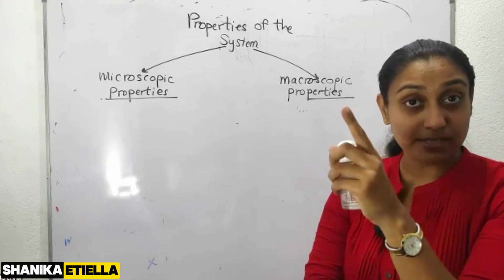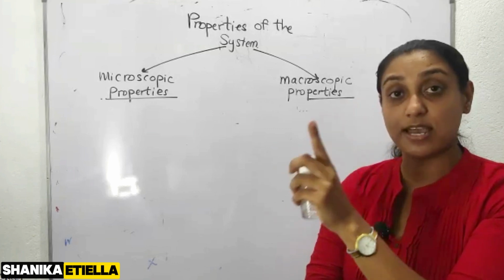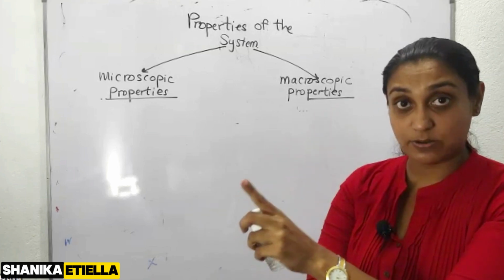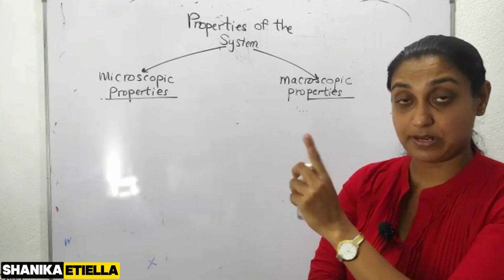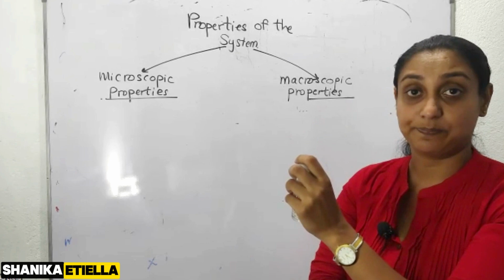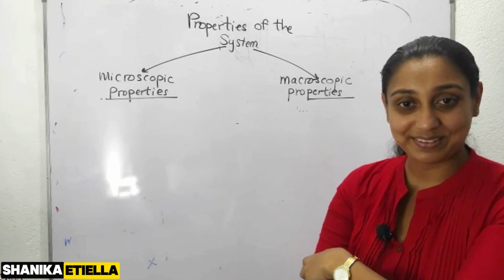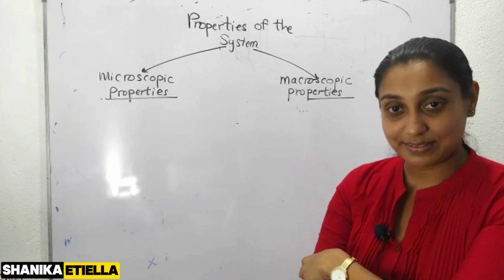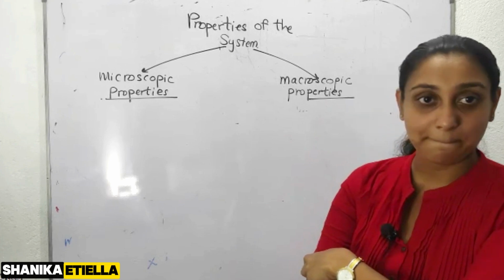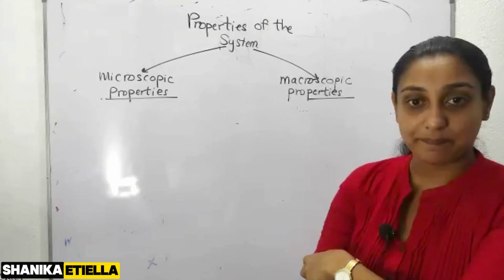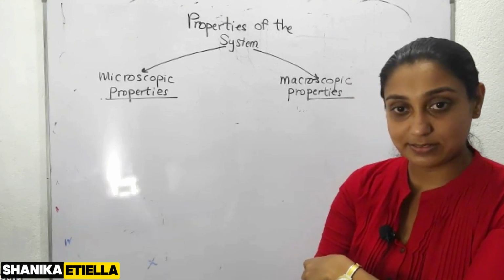The properties which cannot be measured, in the microscopic scale, are called microscopic properties. The properties which can be directly measured, like pressure, volume, temperature, are called macroscopic properties of the system. Clear? Are there any doubts?